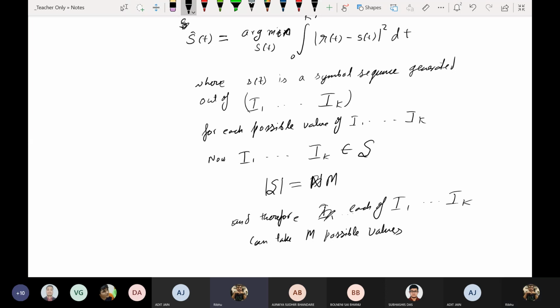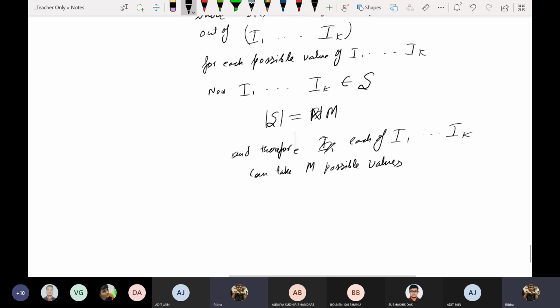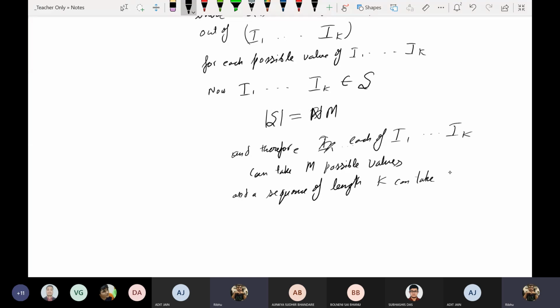Agreed? Right? And a sequence of length k can take how many values? Agreed?